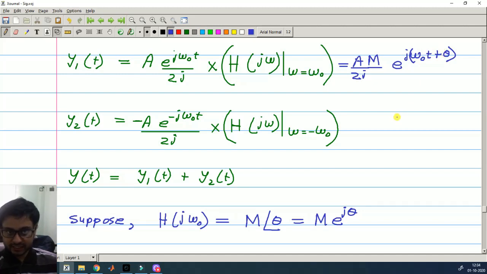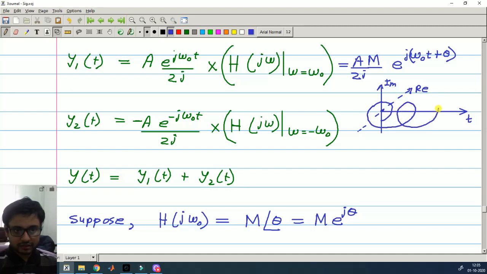is also changed. To give you a feeling, let me again draw a three-dimensional complex plane. This is the time axis, this is the imaginary component of a signal, this is the real component. Then suppose this input a e to the power j omega naught t by 2j rotates like this, starting from some point here.